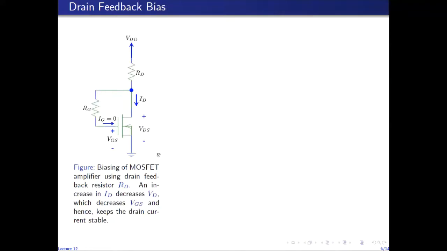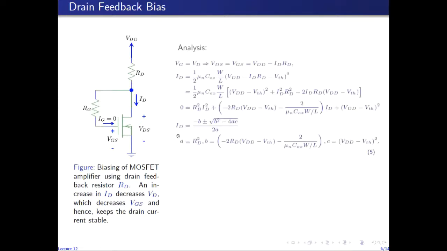So the next circuit is the drain feedback bias. In this case, instead of connecting this end of RG to the supply, we connect it to the drain terminal. Since there is no gate current, the voltage across RG is 0 again, which means that the gate has the same potential as the drain.